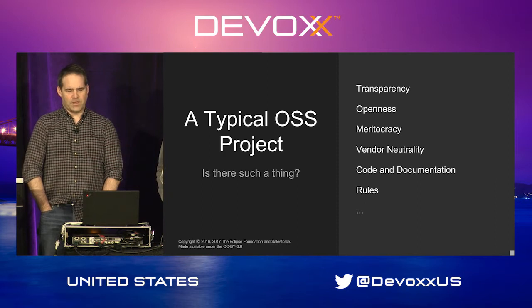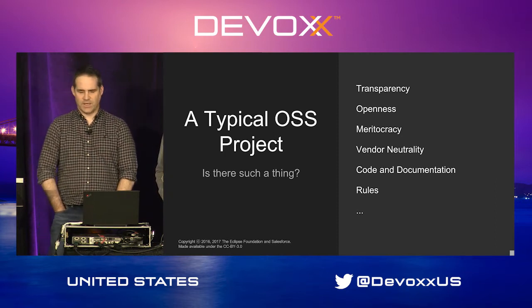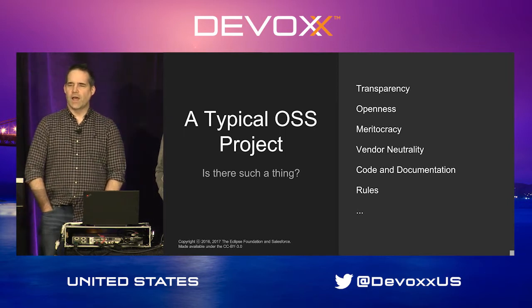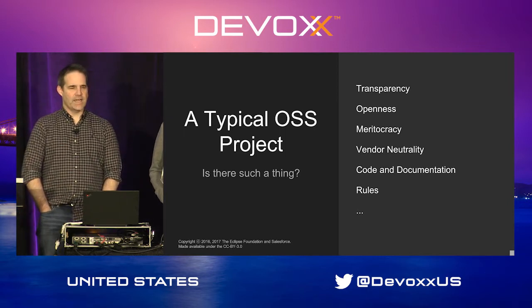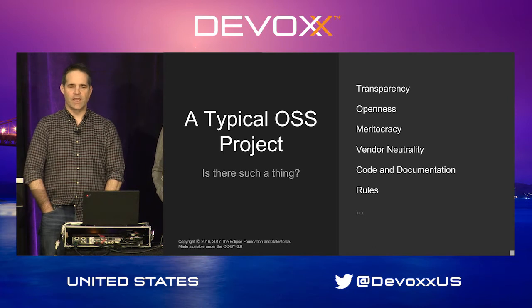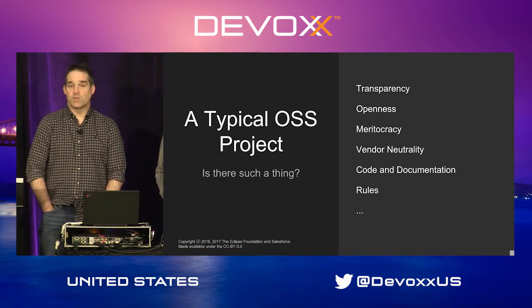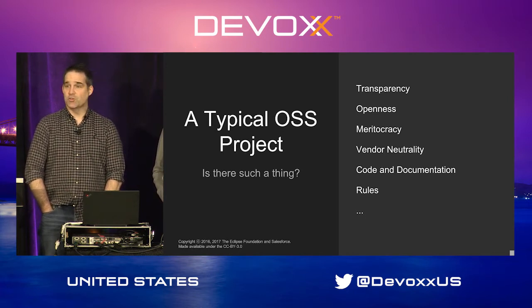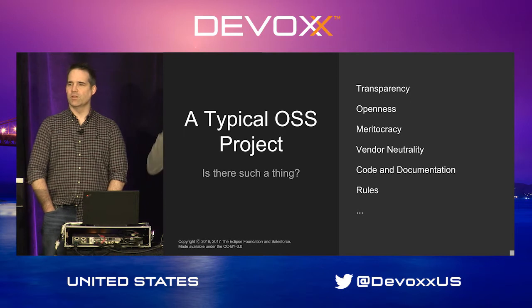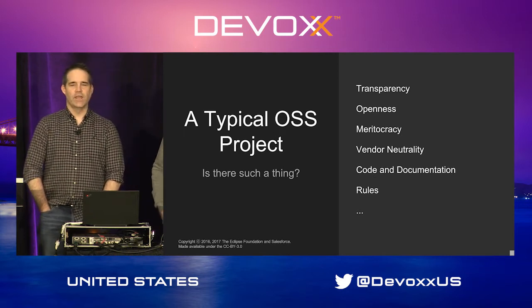We tend to think about open source projects using a couple of important words, transparency being one of them. Transparency is really the act of working in such a way that others can pay attention to what you're doing. This takes the form of using a publicly accessible issue tracker, and of actually doing development in a publicly accessible software repository.